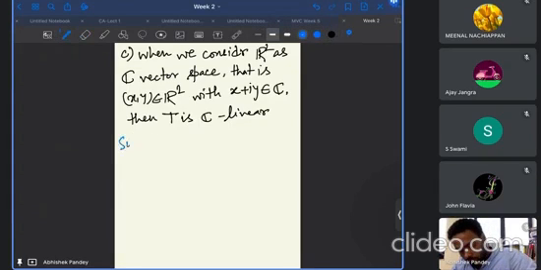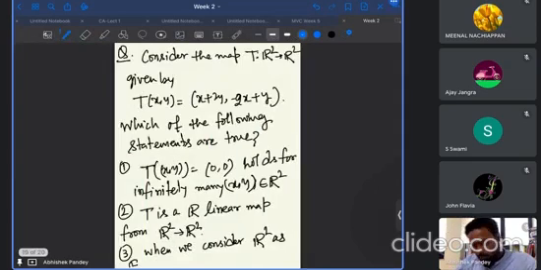Okay, so let us look at the solution. Just let me know what you think. T of x comma y is equal to 0. What will you get? So x plus 2y is 0 and minus 2x plus y is 0. So this will give x comma y is 0 only.